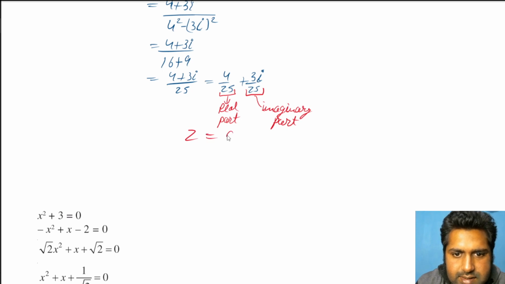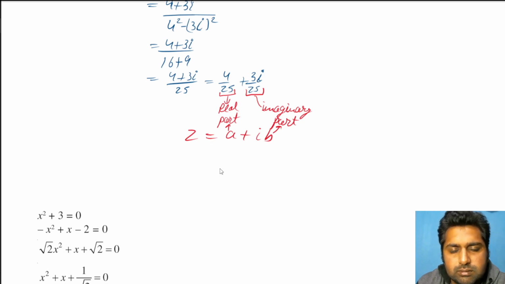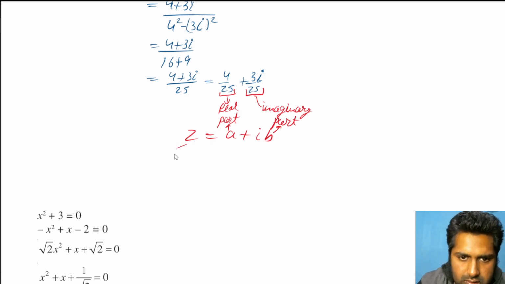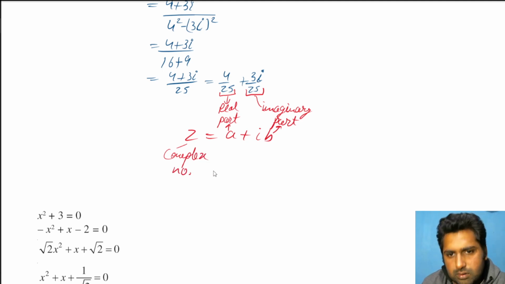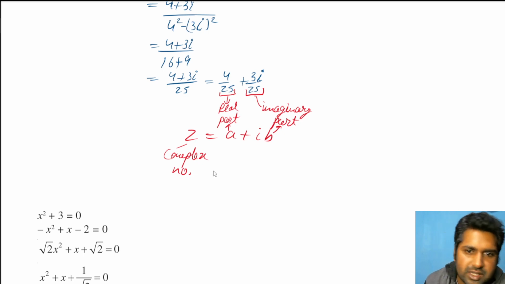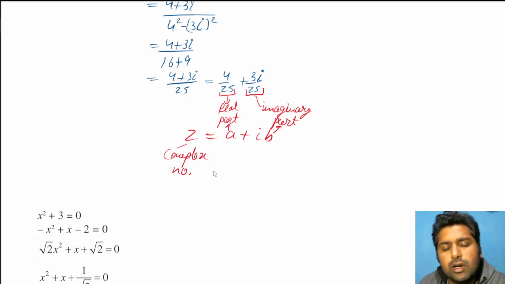So z is a plus iota b. a is your real part, b is your imaginary part. This is how we represent a complex number. The one with iota is called imaginary. The one without iota is called real part.